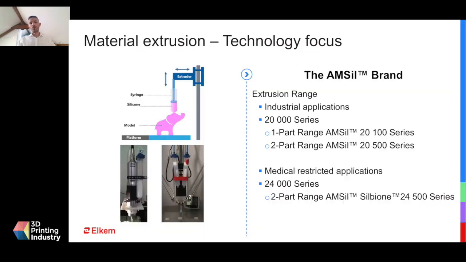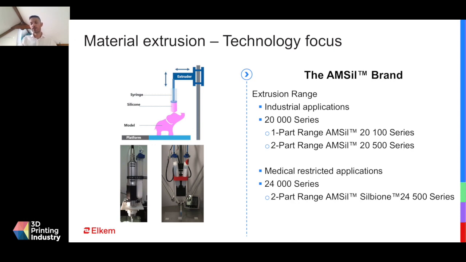So if I focus on the extrusion process, you probably know that for the extrusion process, you have to extrude the material. In the case of silicone, you will extrude the paste at room temperature thanks to different processes. You have some examples on the left on this slide for a mono-component system or multi-component system.